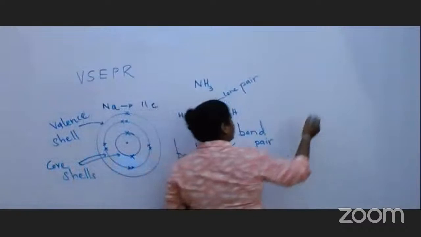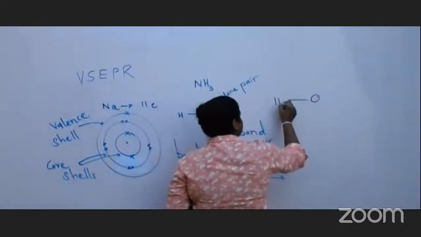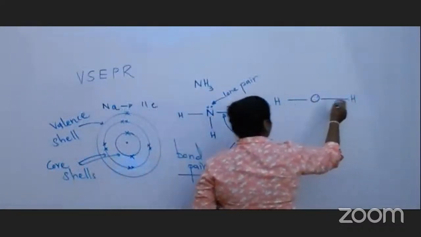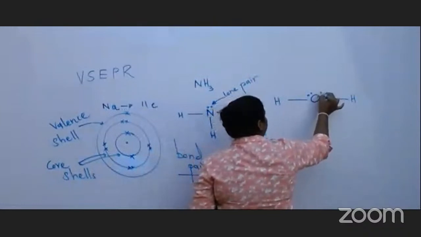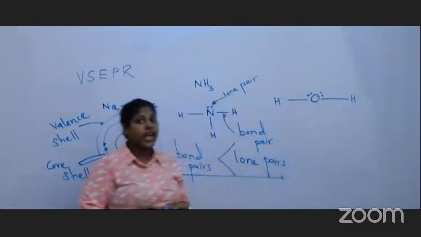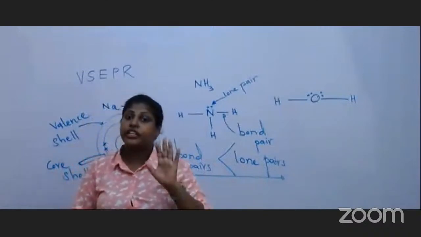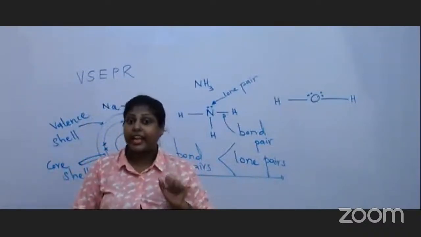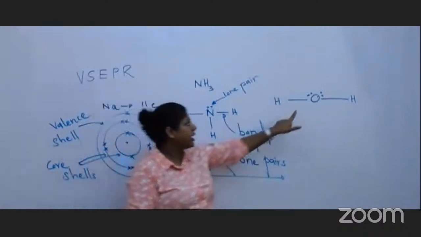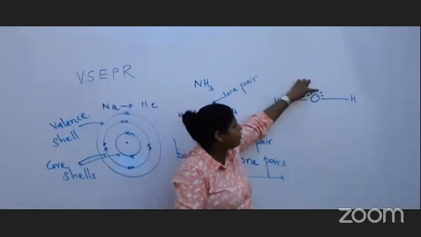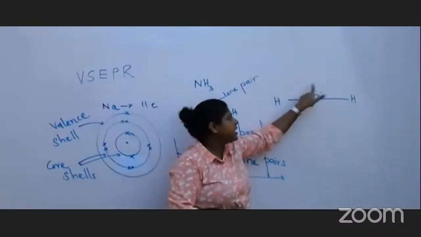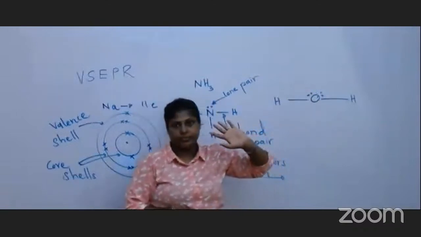When you take the water molecule, this is the structure of the water molecule. There are 2 lone pairs on the oxygen atom. Oxygen belongs to group 16, so it has 6 electrons in the valence shell. You can count 1, 2, 3, 4, 5, 6 electrons around the oxygen atom.